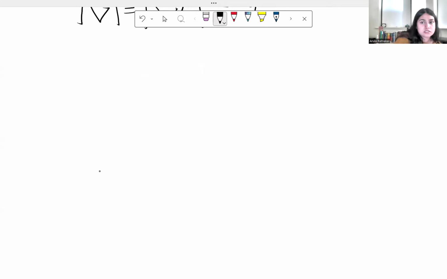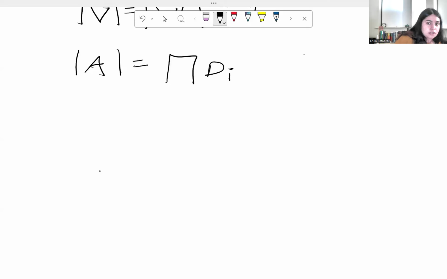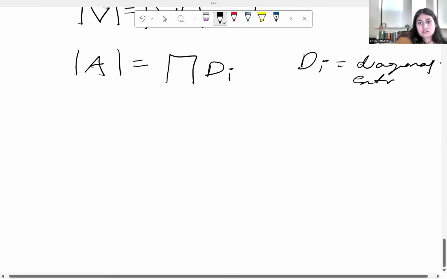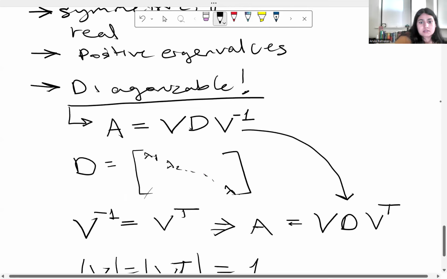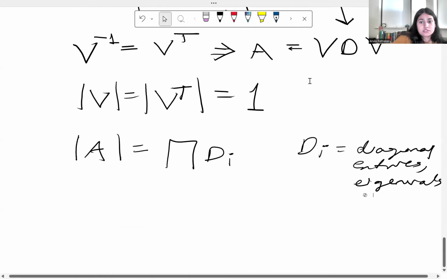Another thing to say is that the determinant of A is going to be the product of all of its eigenvalues, and I'm going to write this notation as D_i to represent the diagonal entries, or the non-zero entries of D, because that is the way to use it later on.